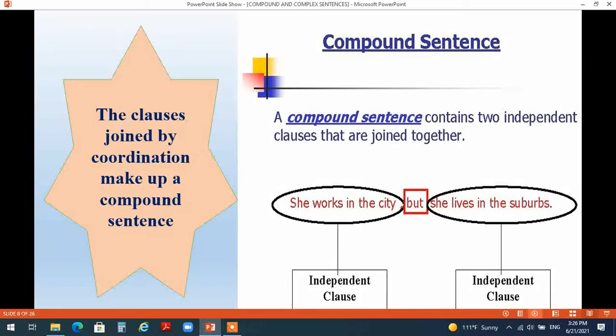Okay, we can see that each of these two clauses will remain independent. كل عبارة استخدمنا بها أداة ربط اللي هي coordinators تبقى عبارة مستقلة. فنلاحظ إنه she works in the city, this will remain an independent clause, and she lives in the suburbs is another independent clause, and they are equal in their importance, equal in their value, equal in their rank, and each one of these two clauses can be used independently and it has a full or a complete meaning.